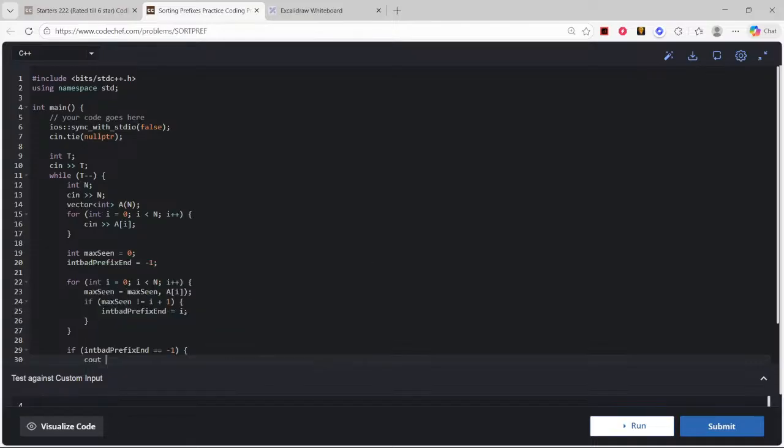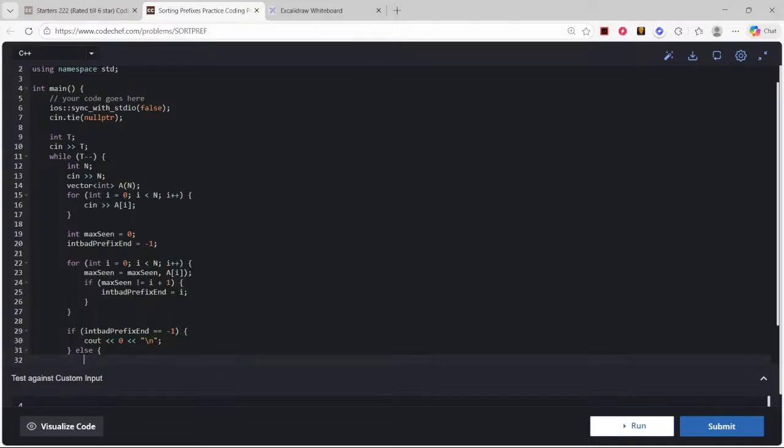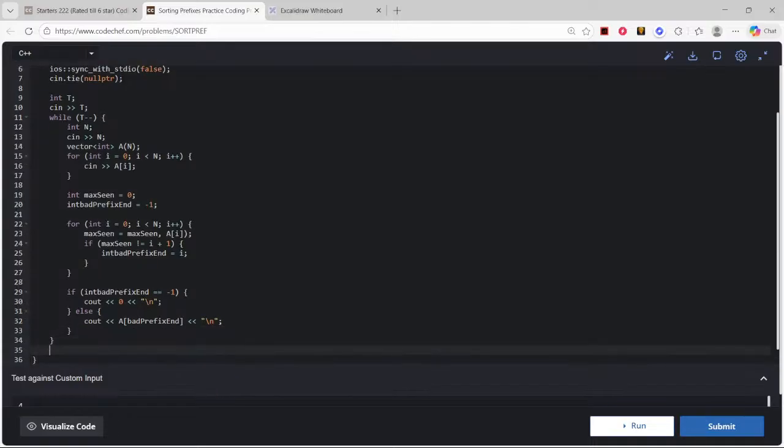Then we do count, else count, prefix end. So we have to return 0. We have to run the code.